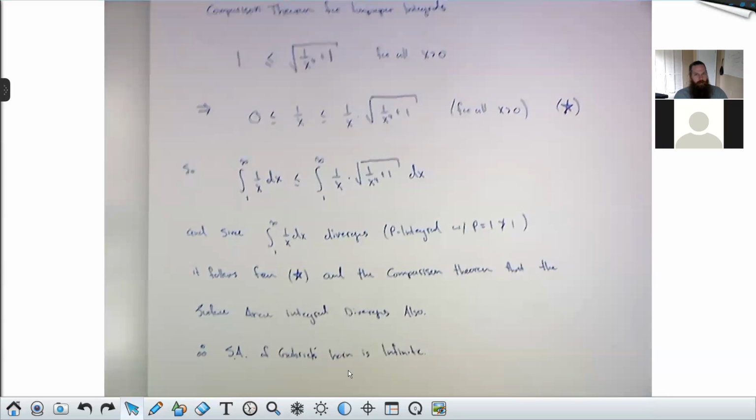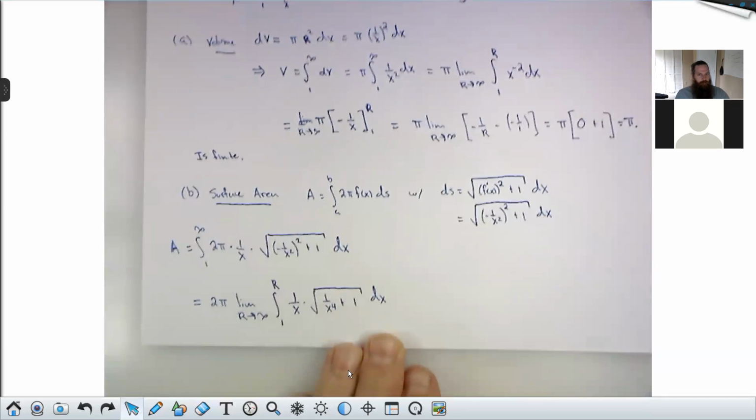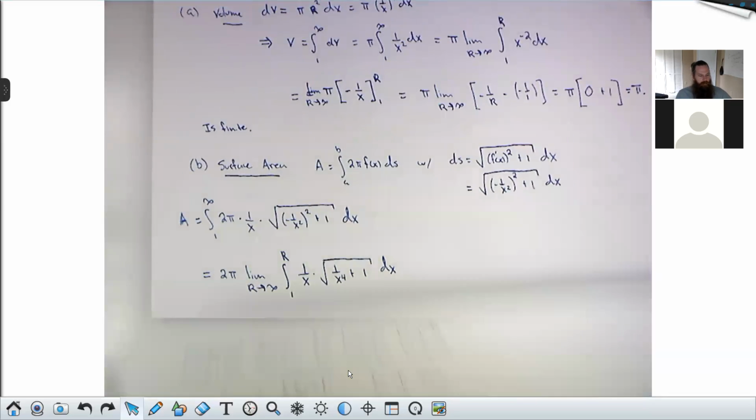Of course, everything we've done on this page isn't directly related to surface area. This is all about convergence. So the surface area work itself was all done back here. So are there any questions on the surface area setup?